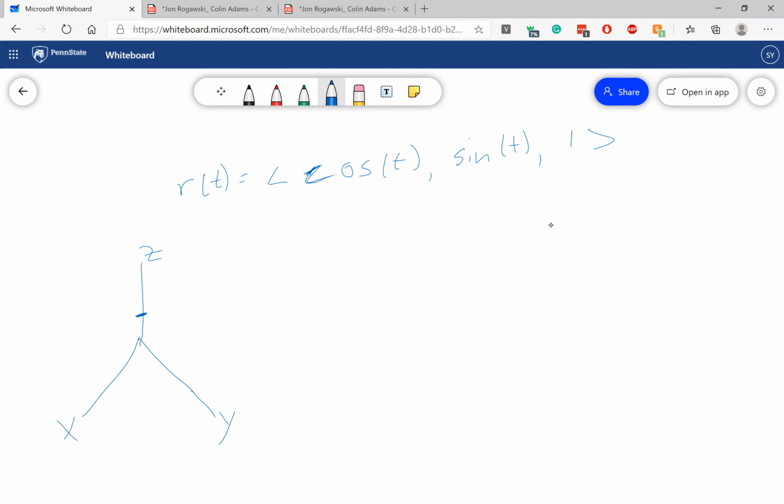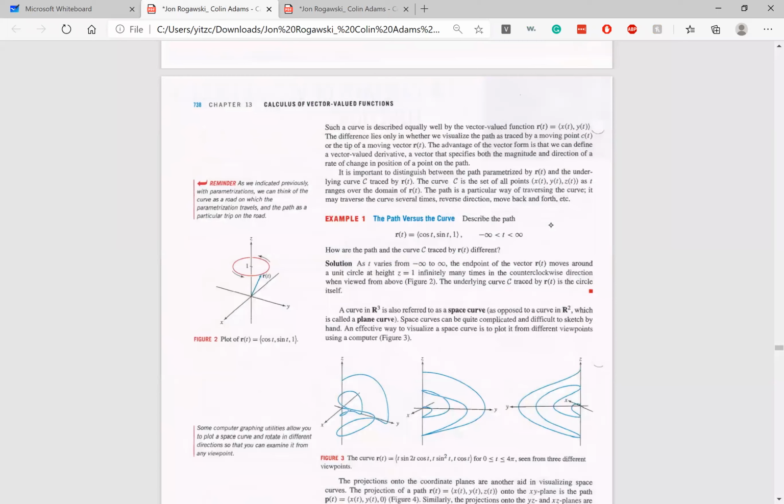In general, you're going to have the height of 1. Now, cosine is going to be represented by x, and sine is going to be represented by y.